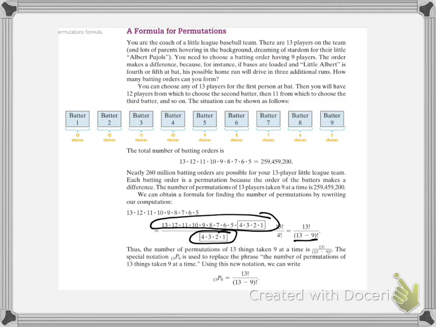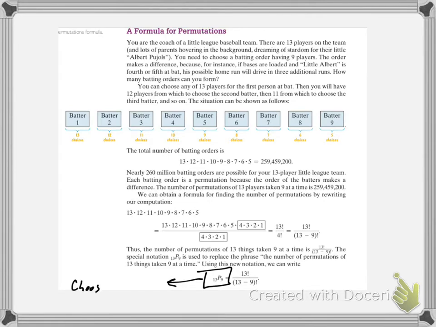So the way to think about this is this is the notation for permutation. Okay? This means choose 9 from 13 to order. So we're choosing 9 things out of a total of 13 things to put in a particular order. Okay? So let's experiment around with this.